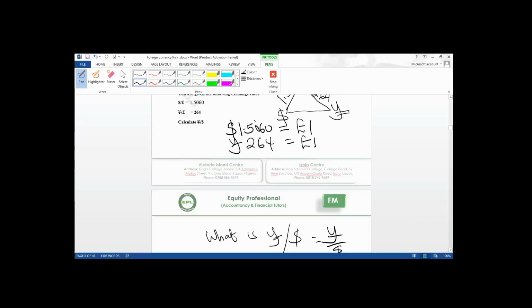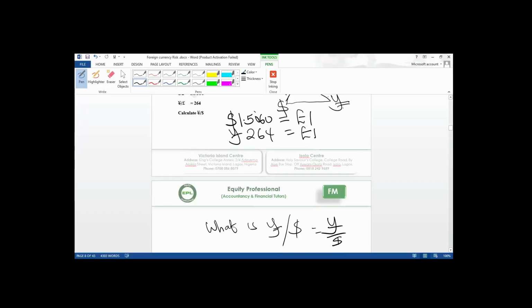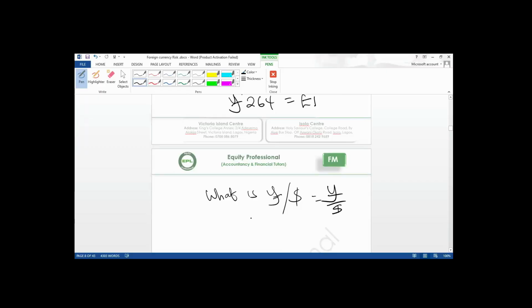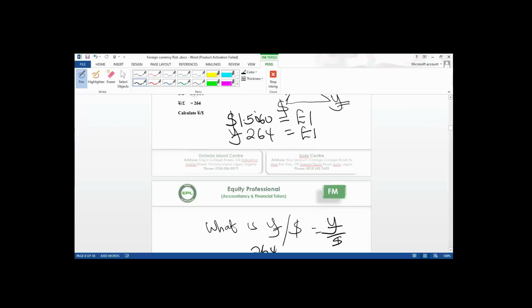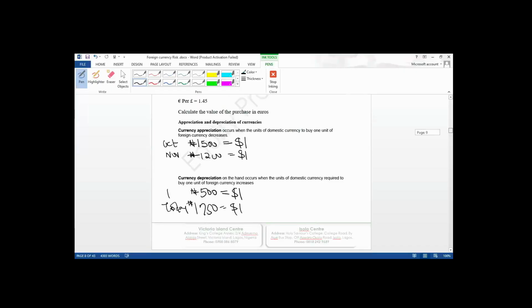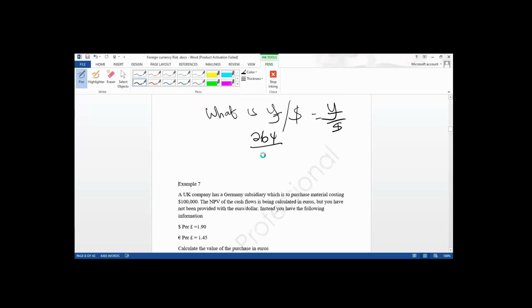That would be my yen, 264, over my dollar, 1.506.